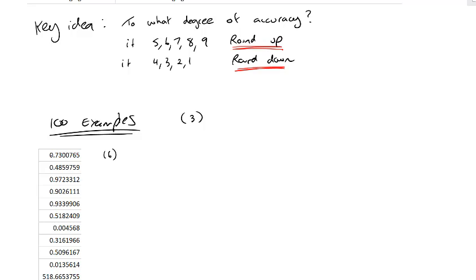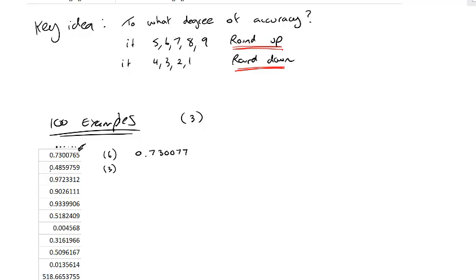Well, I have a 0 here. I haven't measured anything yet, so the tenths column is the first thing that I've measured. So that's significant. So I go 1, 2, 3, 4, 5, 6. I've counted all those, and then I round based on the next one. So this number, correct to 6 significant figures, would be 0.730077.